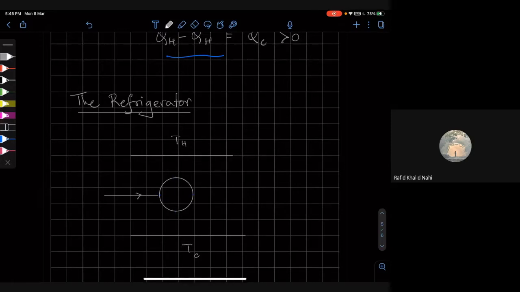And this is the refrigerator, and what it does is that it draws some heat, and then it dumps some heat into the hotter reservoir, right? So this is a refrigerator.